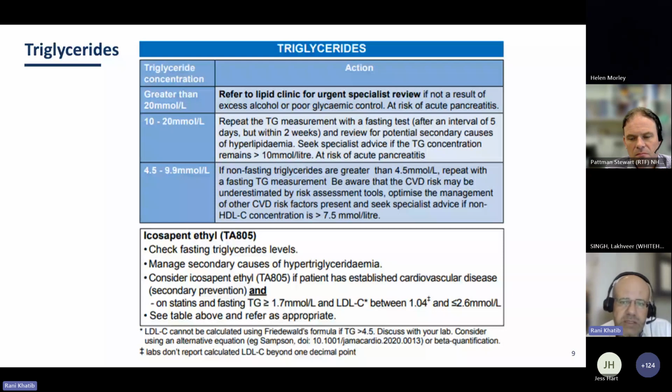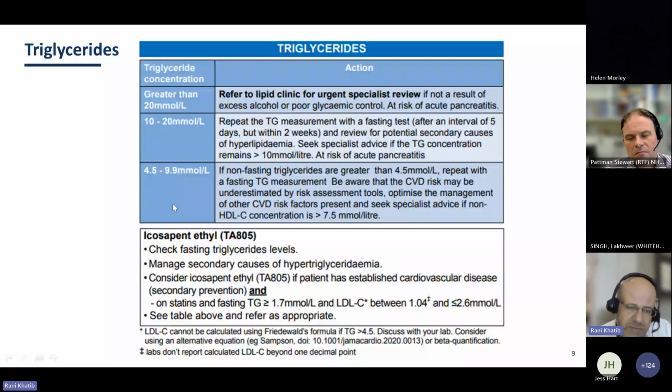And if it shows persistence, then we need to deal with it. You just need to be aware that the CVD risk may be underestimated in patients who also have high triglycerides, because there is some evidence of an association between high triglycerides and cardiovascular disease.